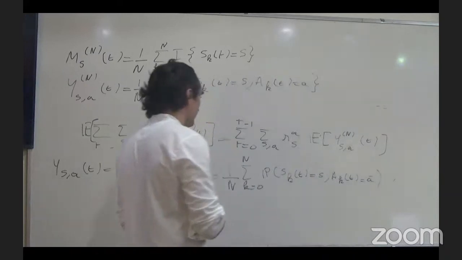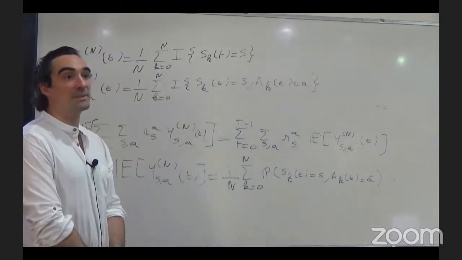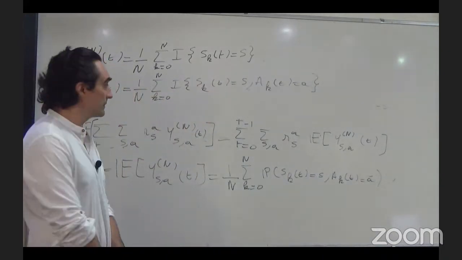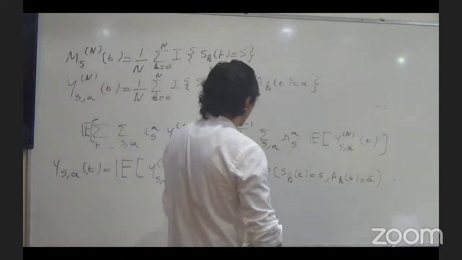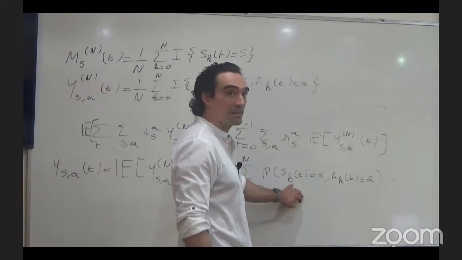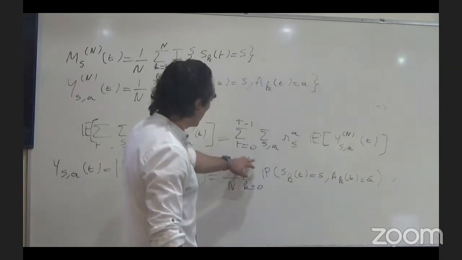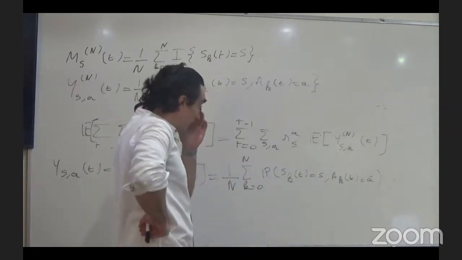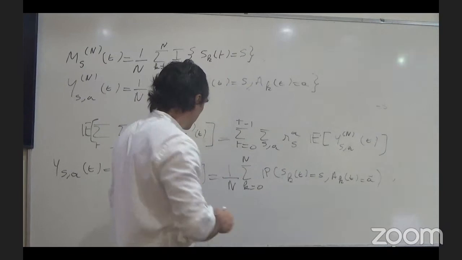Remember that all the arms are symmetric, so in some sense I will be able to drop the subscript k and remove the N, but let's see that later.